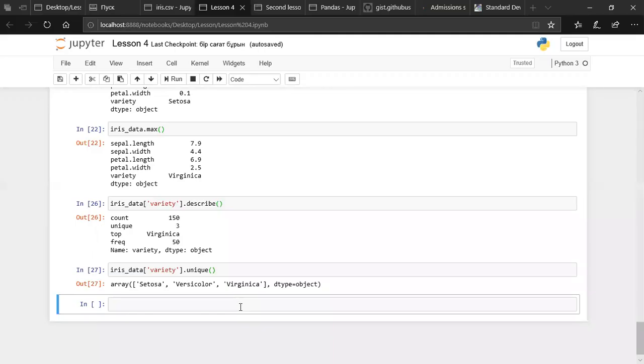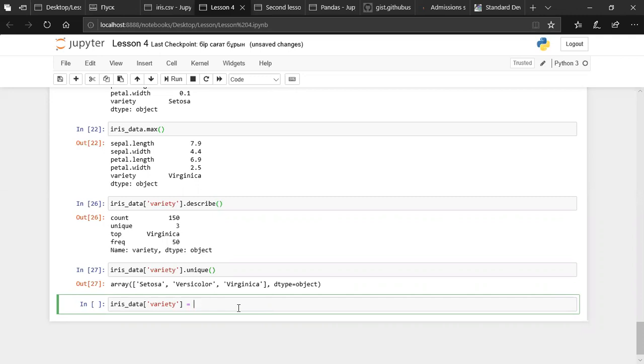Can you write iris data variety is equal to, the equal sign two times?